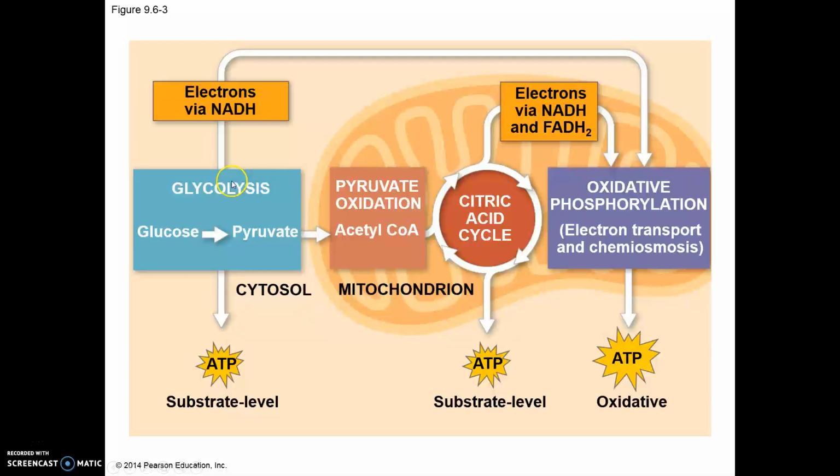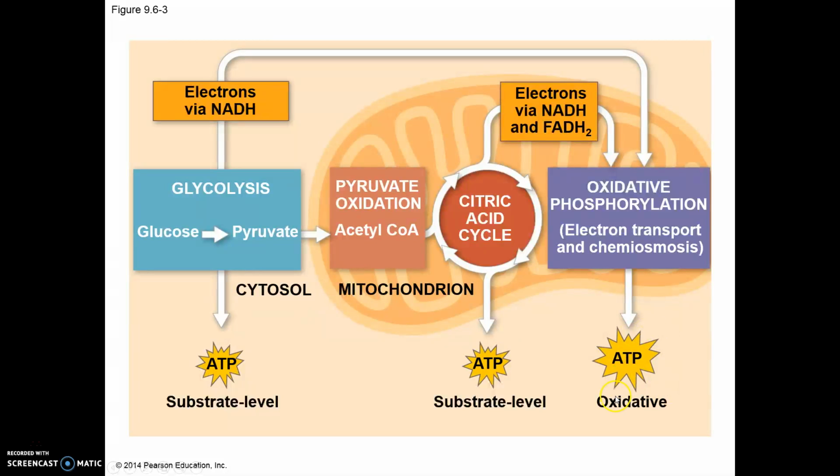Both this process, glycolysis, and the citric acid cycle reduce NAD+ to NADH, and so NADH can carry these electrons over to here, and puts them into something called the electron transport chain, and this will ultimately lead to oxidative ATP production.